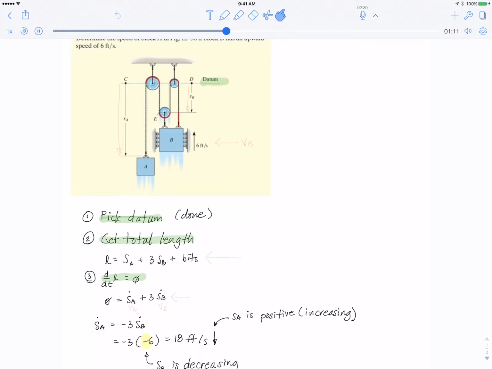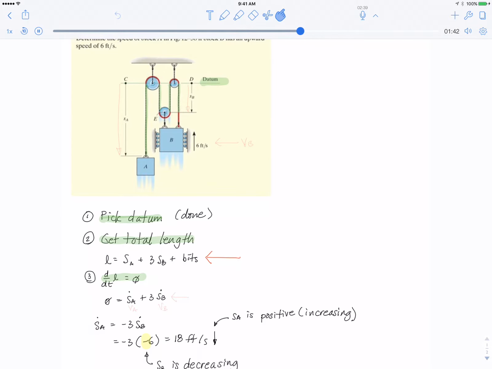This length right here is SA, and these three lengths here are all SB. The red parts are what I'm calling bits. So here's the total length: 1 SA, 3 SBs, and all the leftover little bits.